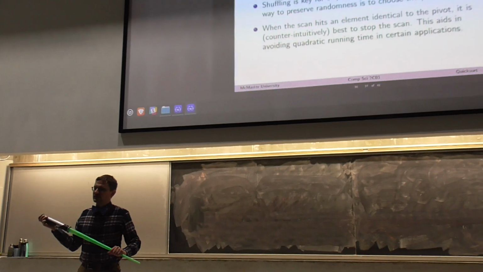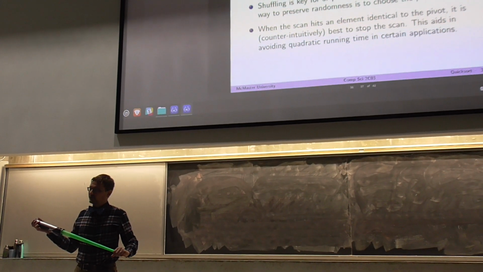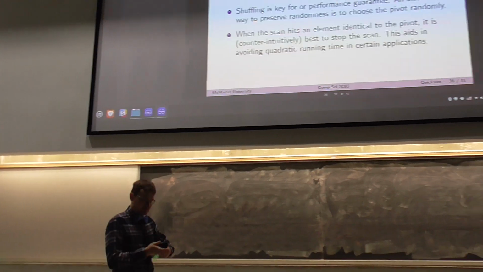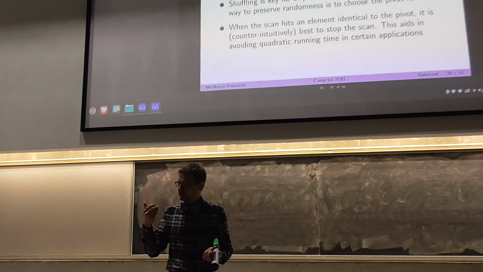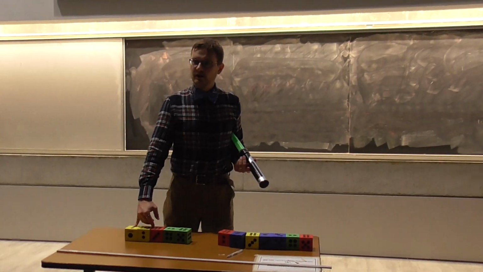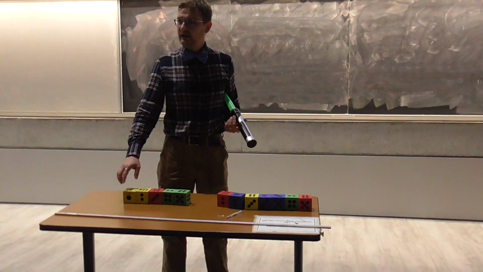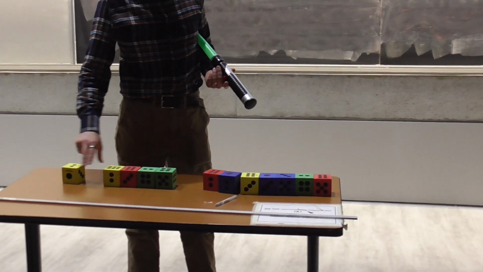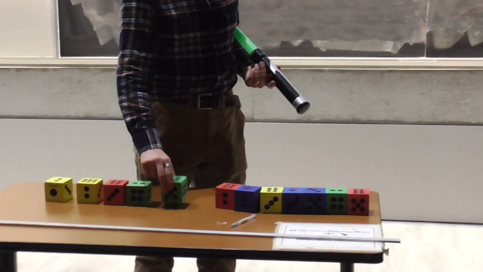But the reason that that improves things, right? If you are randomly selecting the pivot, then even if you are in the worst case scenario, it's highly, highly unlikely that you will randomly pick 1, 2, 3, 4, 5.